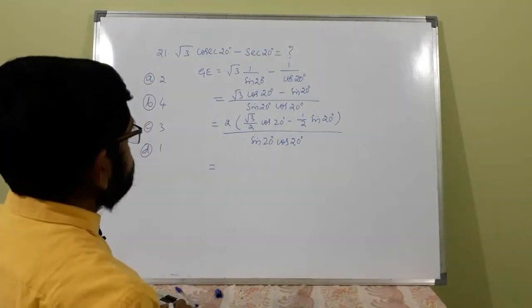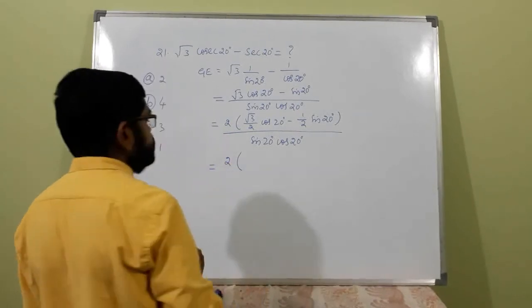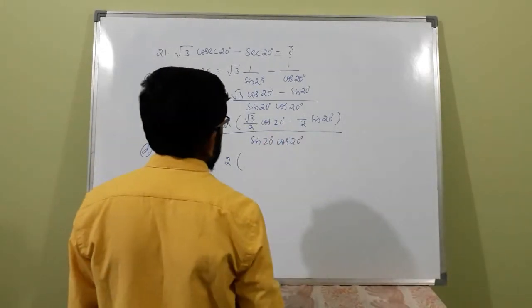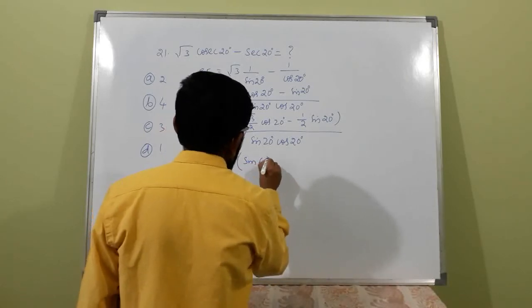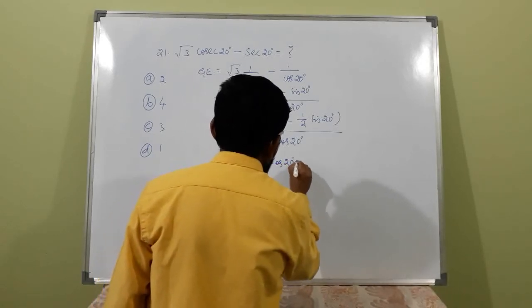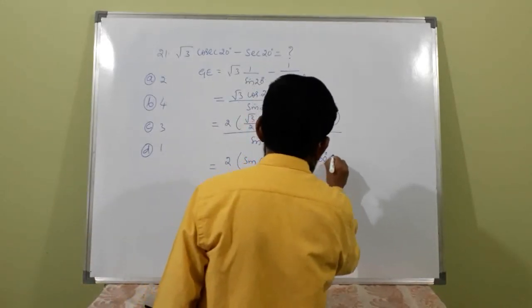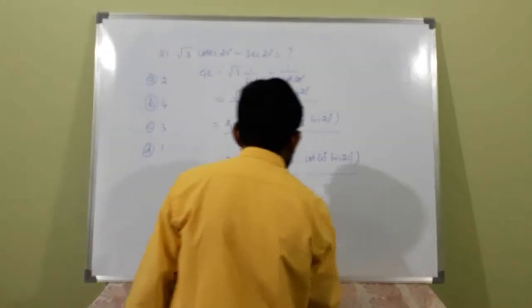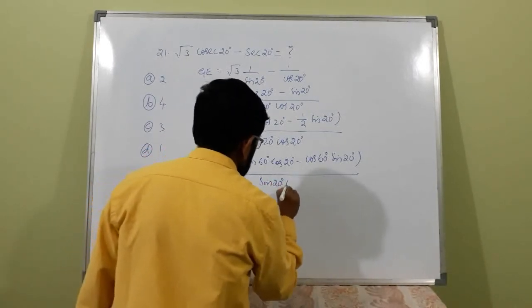Root 3 by 2 is sin 60, 1 by 2 is cos 60. So sin 60 cos 20 minus cos 60 sin 20 divided by sin 20 cos 20.